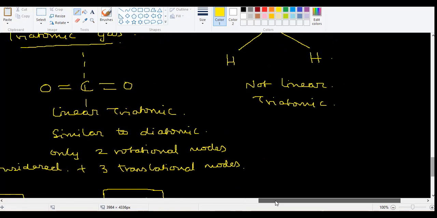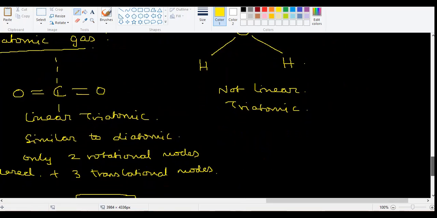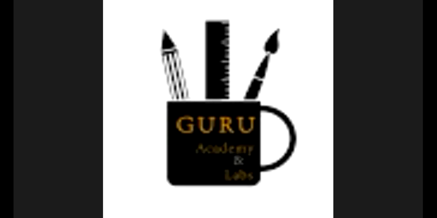Whereas here, when it is triatomic, what it means is, let me switch on my video one more time. So triatomic means, imagine that I have one more molecule here. So now rotating this side is also significant.